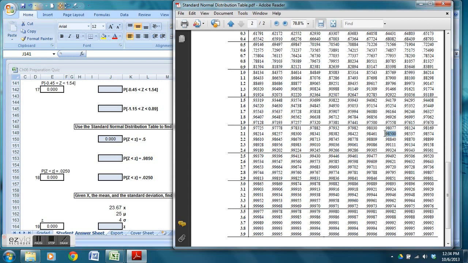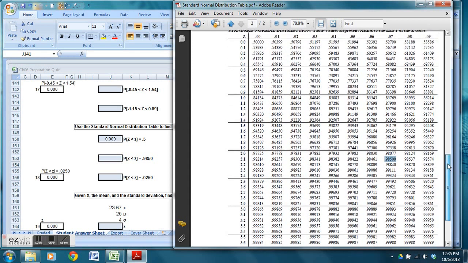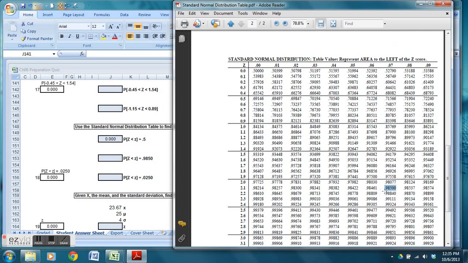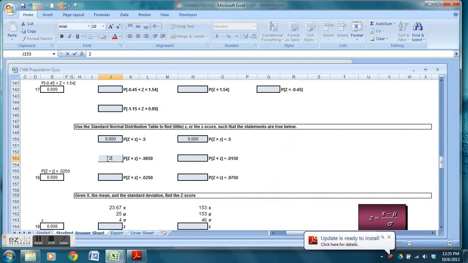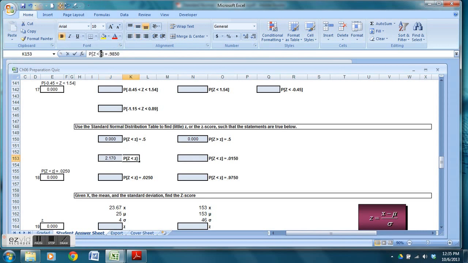And we say, okay, what's the z-value? Because this is the area left of the z-score, that's synonymous with the less than. Anyways, the z-score is 2.17. Which, just a refresher, represents this little z right there, the z-score.